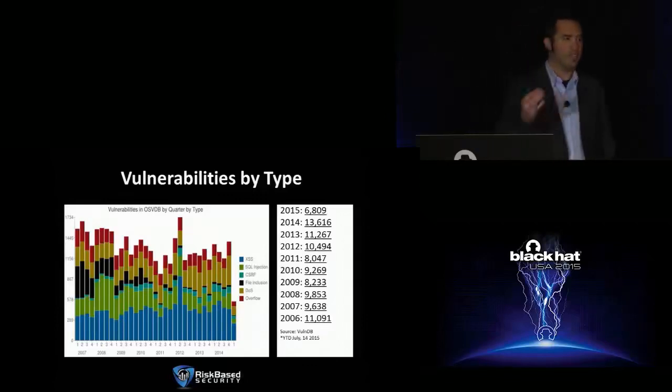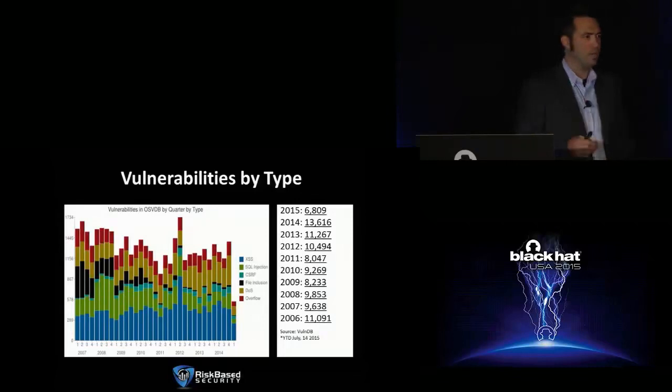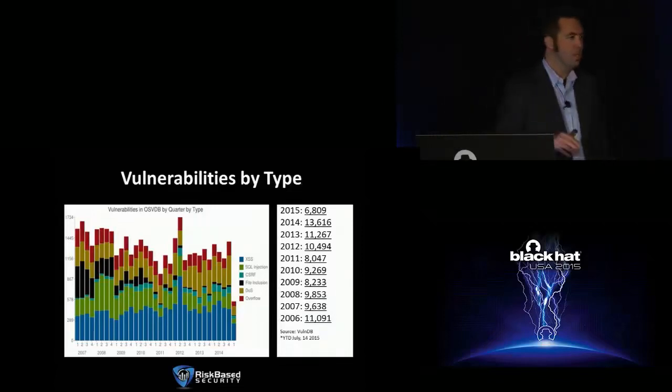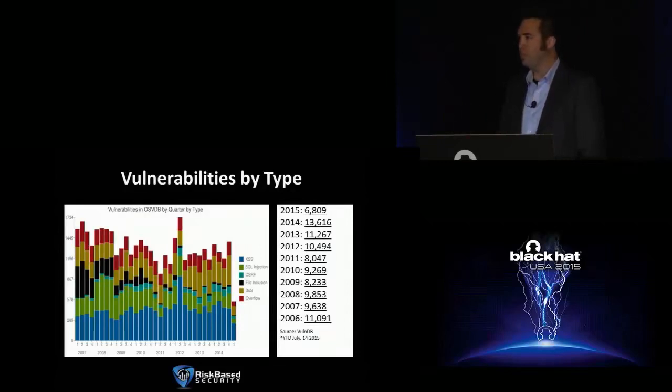So we may be investing in security, we may be talking about it all the time, and the government and this and that, but we're still seeing a whole bunch of crap code coming out. In fact, in 2013, from the OSVDB stats, you're seeing over 13,000 vulnerabilities disclosed. If you look at the breakdown, you're seeing a ton of cross-site scripting, a ton of SQL injection. Vulnerabilities that should have been eradicated 10 years ago are still most prevalent out there.